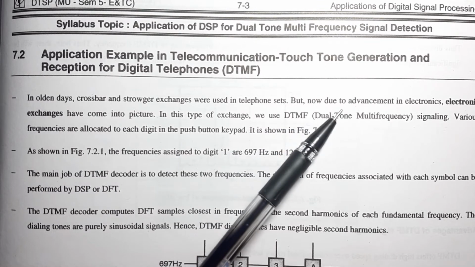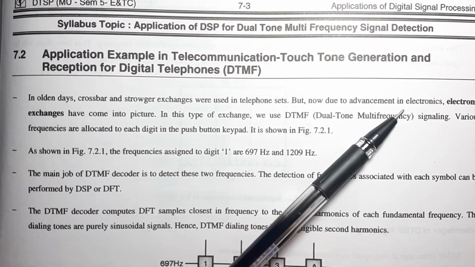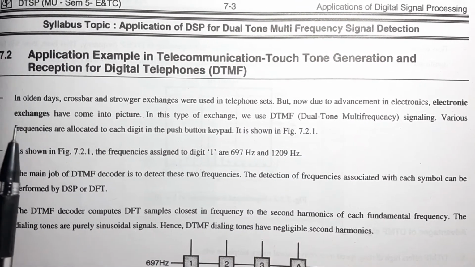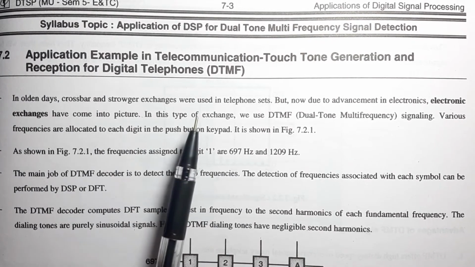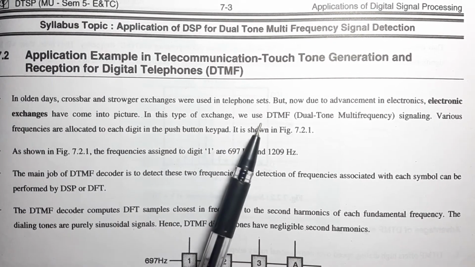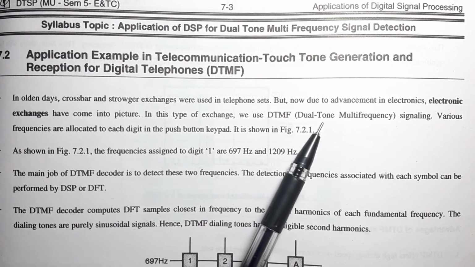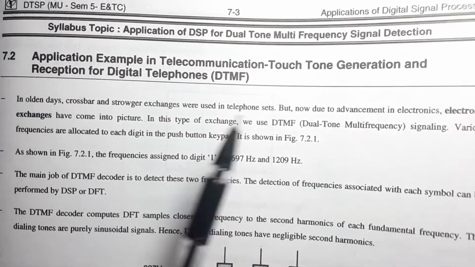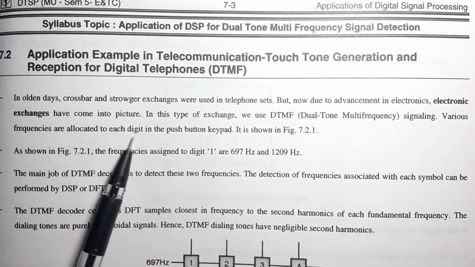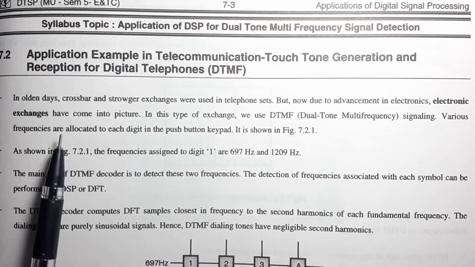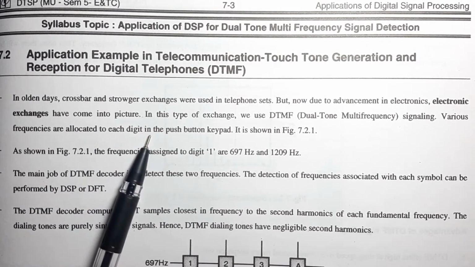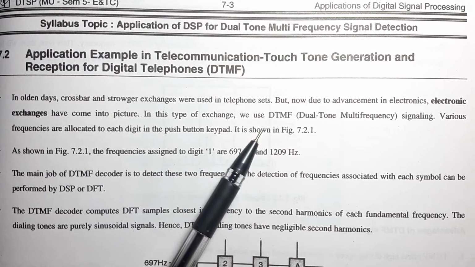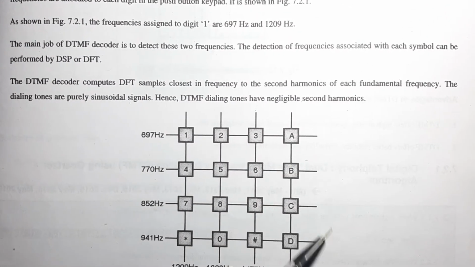But now, due to advancement in electronics, electronic exchanges have come into picture. In this type of exchange, we use DTMF, or dual tone multi-frequency signaling. Various frequencies are allocated to each digit in the push button keypad. It is shown over here in the diagram.